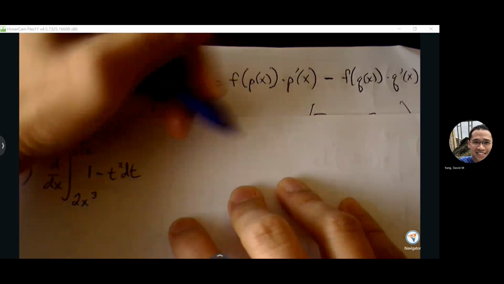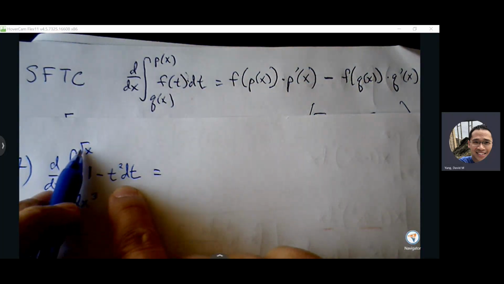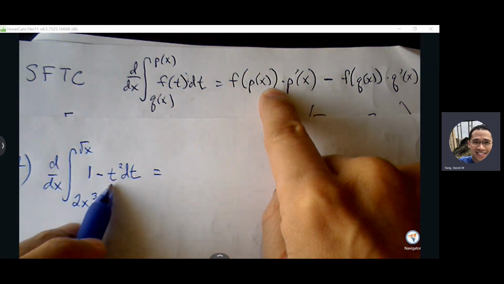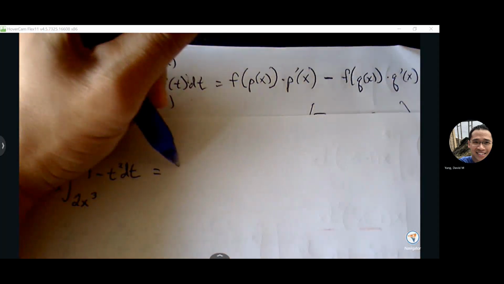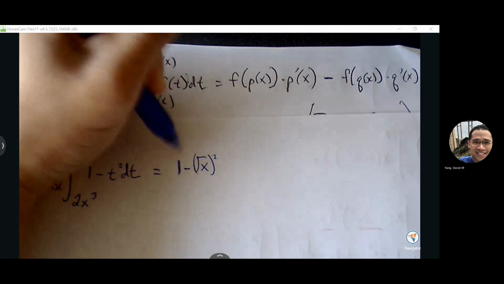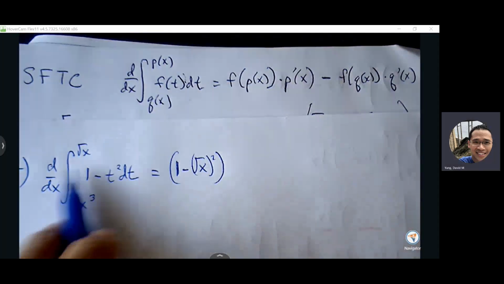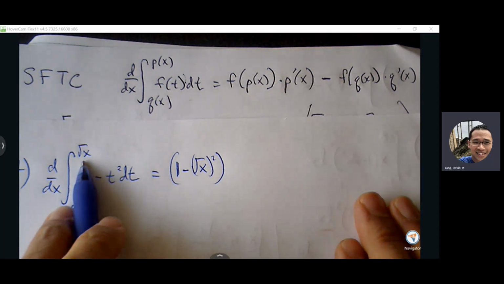So f of p of x just means replacing any original t variable with the upper bound expression, times p prime. P prime is the derivative of square root of x. This is really x to the 1/2.